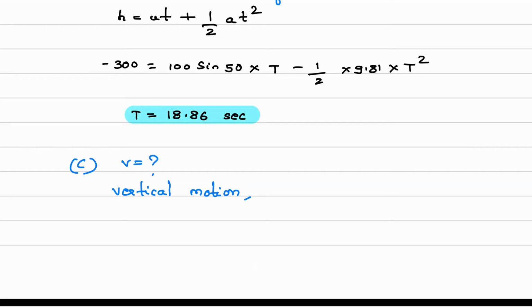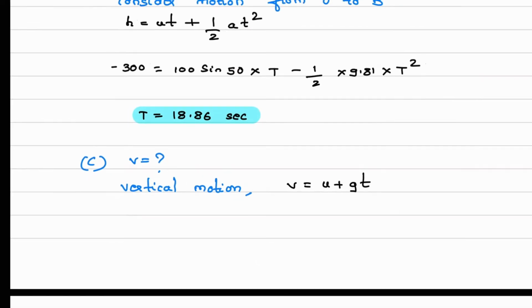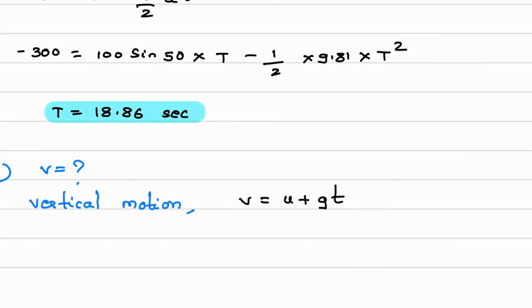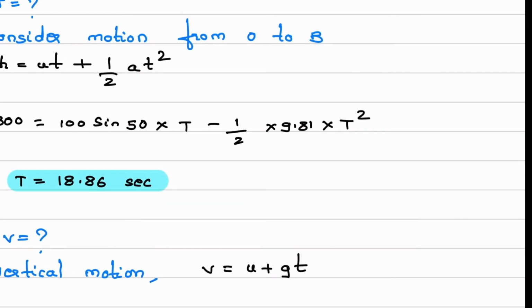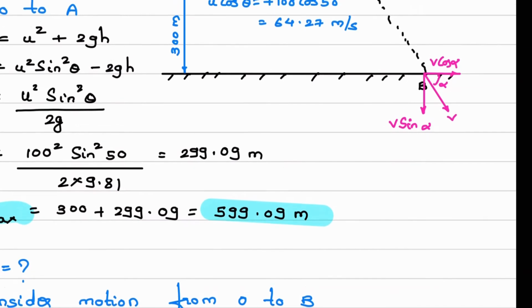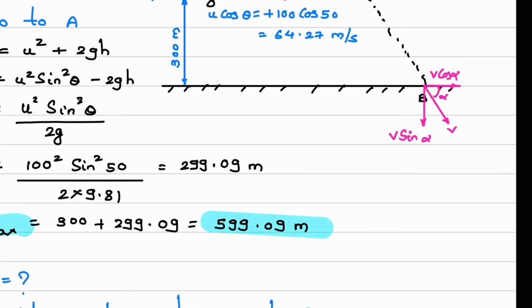So for vertical motion, we can write down v is equal to u plus gt. Now in this case, what is the y component of velocity at point B? Finally v we have to write. So what is this y component? V sine alpha.